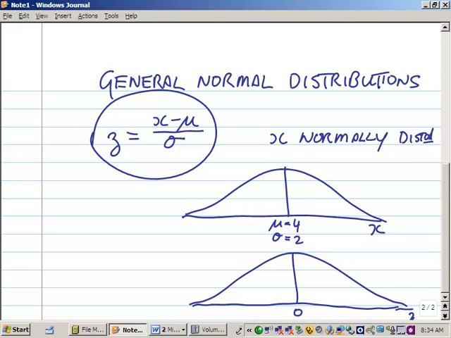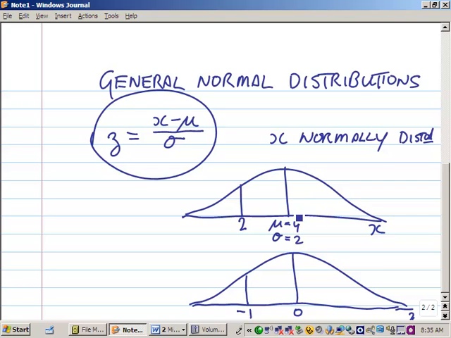Alright, so if we were to go one standard deviation down from 4, one standard deviation is 2 units. 2 units down from 4 brings us down to 2 on the distribution of x's in this example. What we've done on the z distribution is go one standard deviation down, and so that would be a z of minus 1.